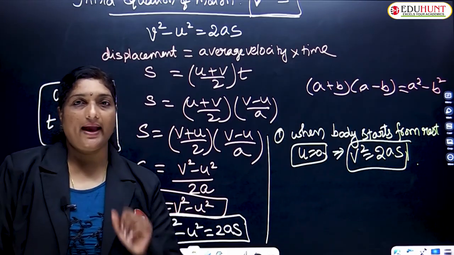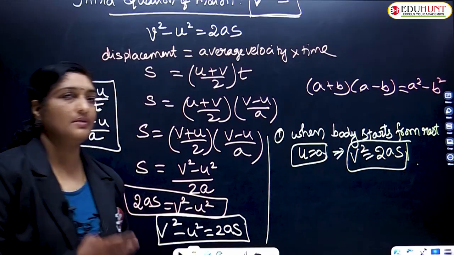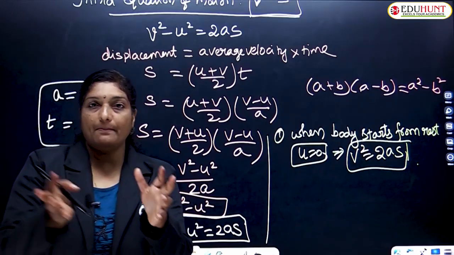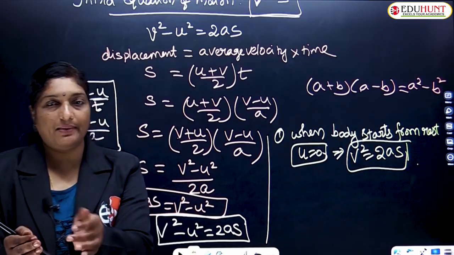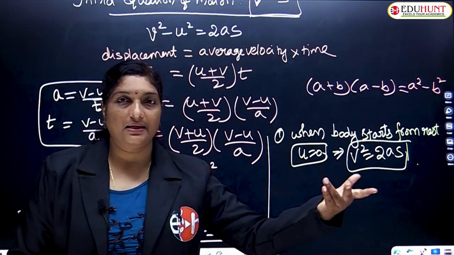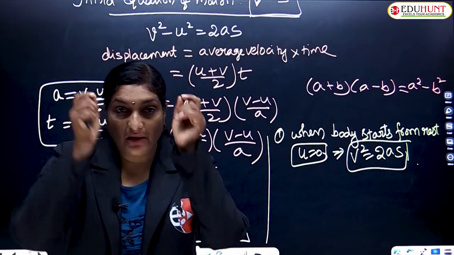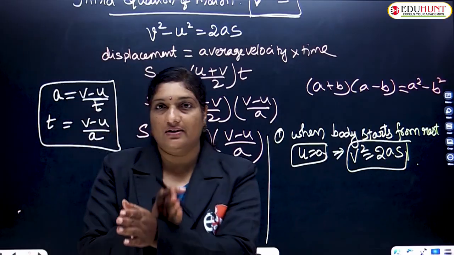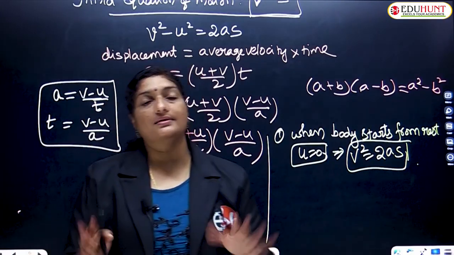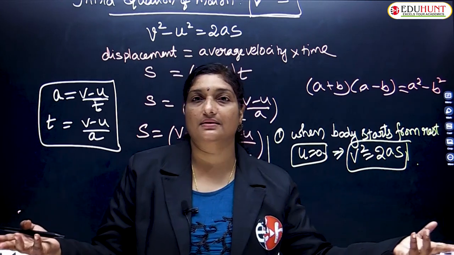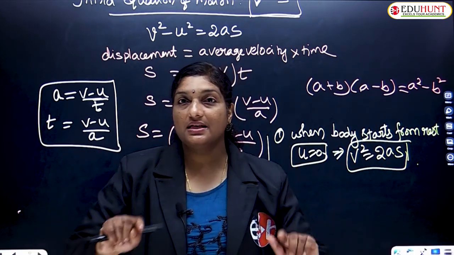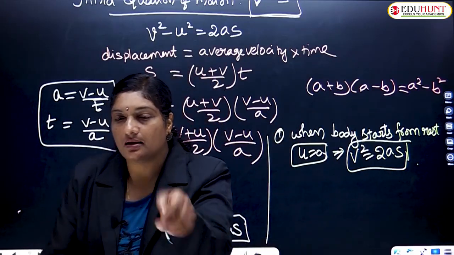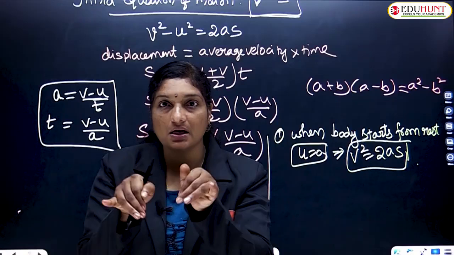Okay. Moving ahead, one more interesting topic. The body may cover some particular distance in some time, another distance in some other time. For example, in 2 seconds the body has covered 3 meters and in 5 seconds the body would have covered 7 meters. Then how much distance is covered in a particular second, say the 4th second or the 3rd second?